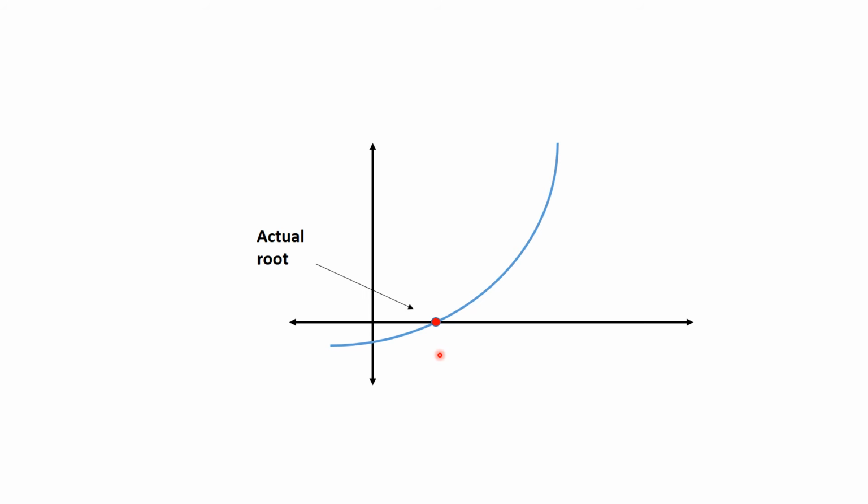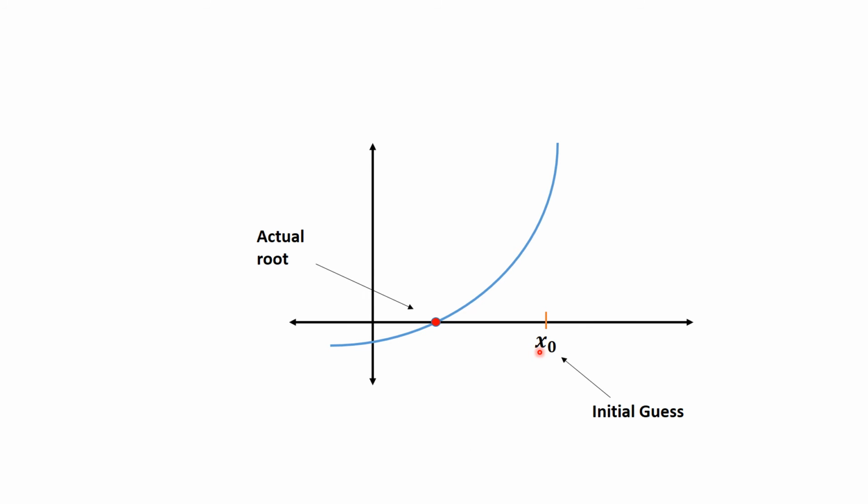So students, you can see that this is your actual root here, and I have already explained that your ultimate goal is to find the approximate root such that it is very close to this exact root. Okay, so students, what we do is first of all take the first initial guess, x naught.